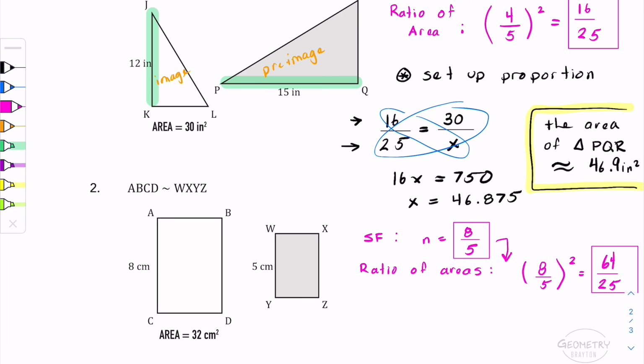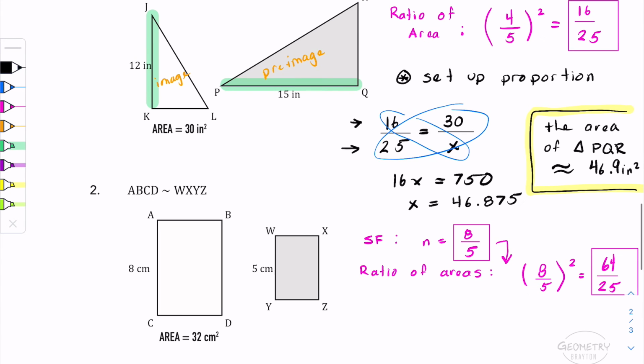So I'm going to use the ratio of areas and set up my proportion. My first term in my proportion is going to be 64 over 25, which is what I just found. Obviously, 64 is the larger figure, 25 is the smaller figure. We know the larger figure has an area of 32. We're looking for the area of the smaller figure.